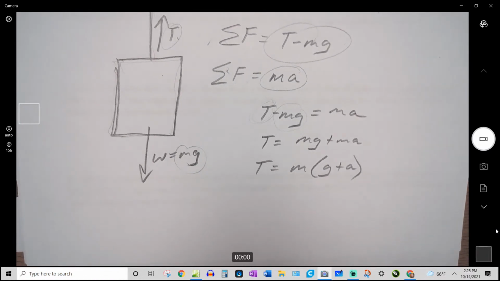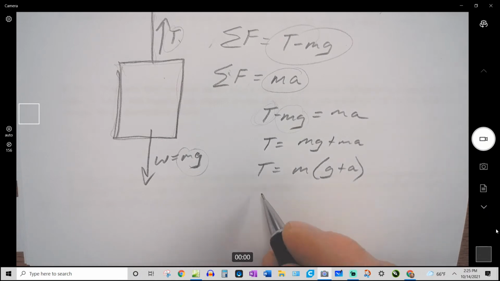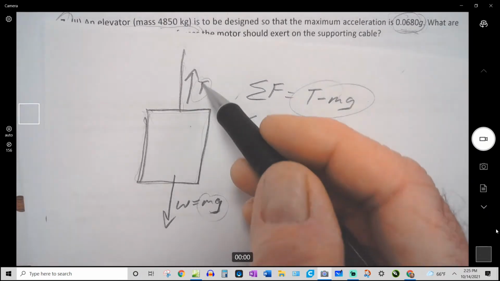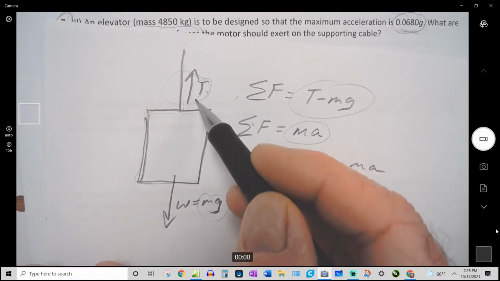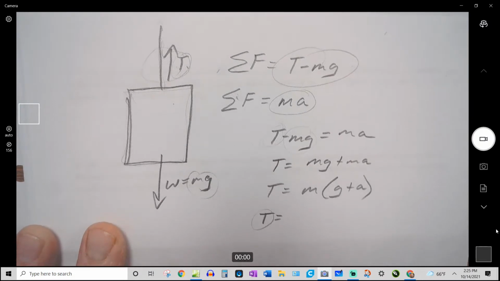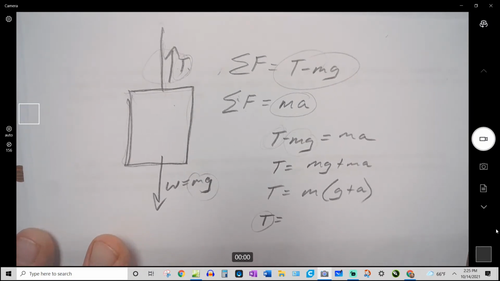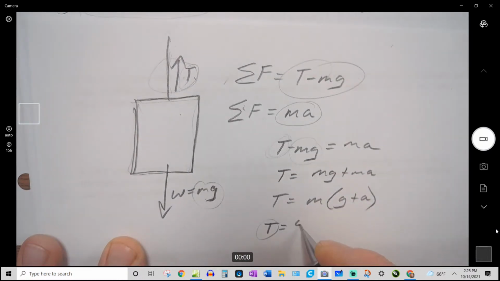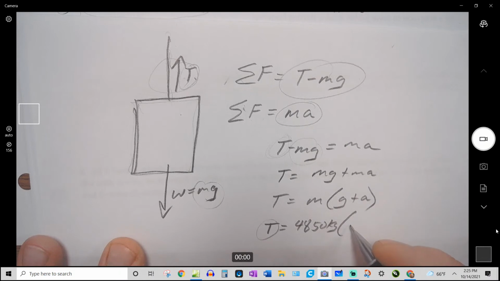So now I can start plugging some stuff in. The tension, that's actually what I'm looking for. I want to find this. That's going to give me the motor force. The motor is what's causing this tension that's lifting or letting this thing down. And the mass I was given, 4,850 kilograms. G, I know, is 9.8 meters per second squared.